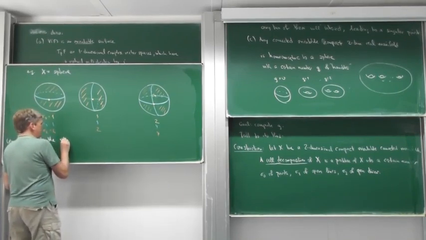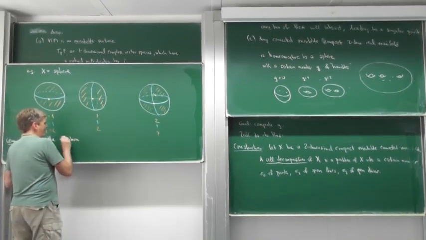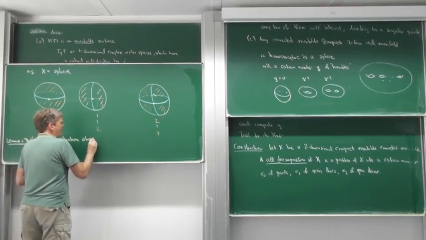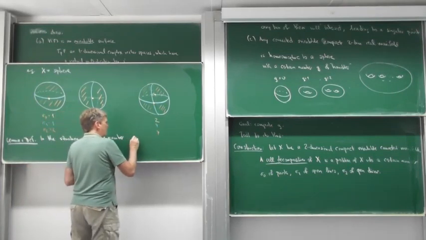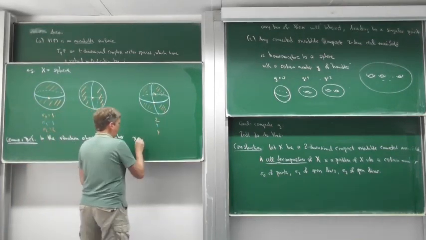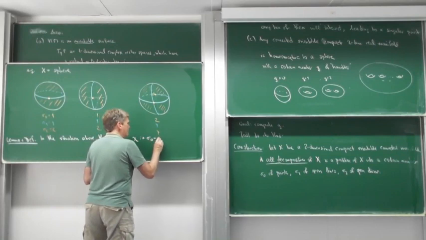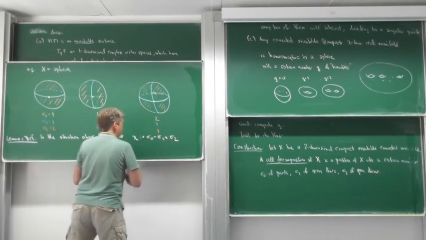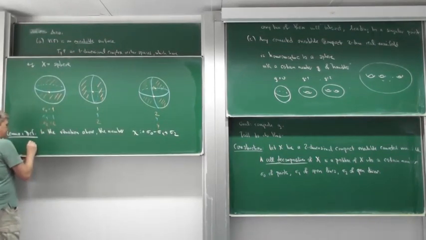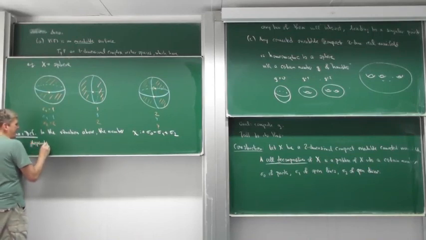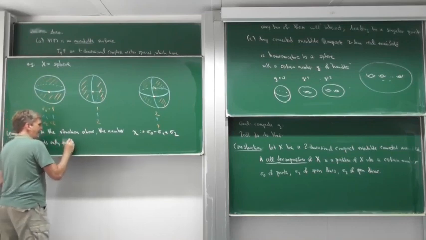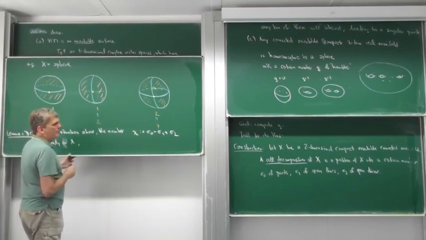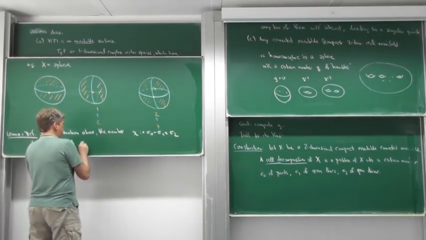So in the situation above, the number, which was usually denoted by the Greek letter chi, and it's sigma 0 minus sigma 1 plus sigma 2, depends only on X, only on the topological space, i.e. not on the chosen cell decomposition.